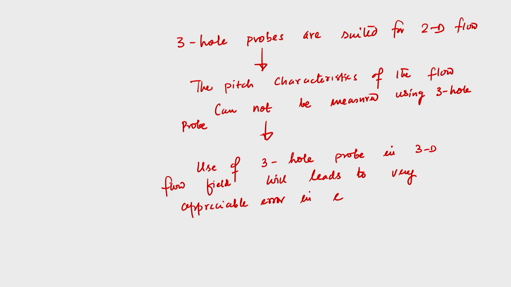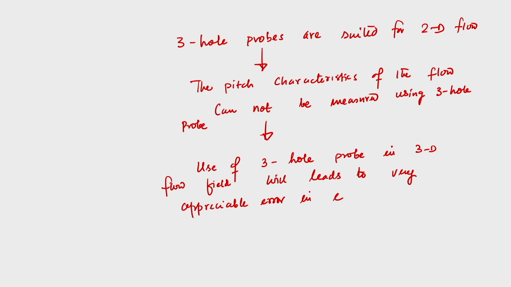Because the flow field is 3-dimensional, we would like to measure the flow velocity and pressure, but the probe is in no way responsible to give any information about the pitch characteristics of the flow.